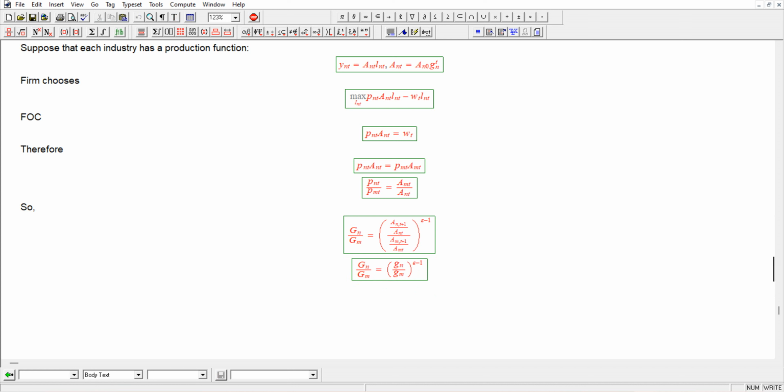We have shown that if epsilon is greater than 1, so goods are substitutes, then goods that experience faster productivity growth will grow as a share of the economy. If epsilon is less than 1, so the goods are complements, then the opposite will happen, and goods that experience slow productivity growth will expand as a share of the economy.